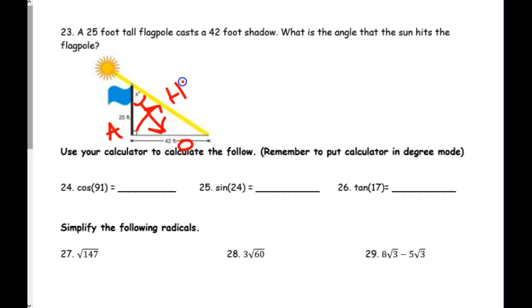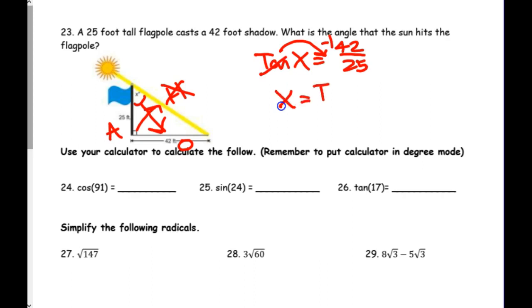H is not needed, there's nothing there. This is OA, so hopefully you know that's TOA, tangent. So tan X equals O over A. Once again, traveling trig has to be inverse.